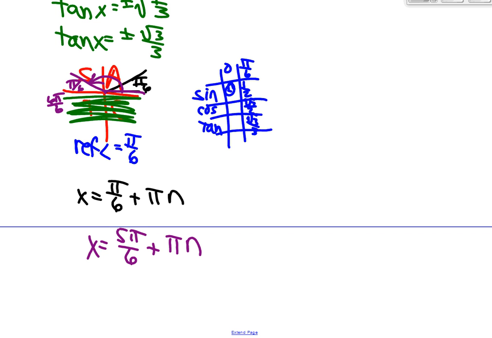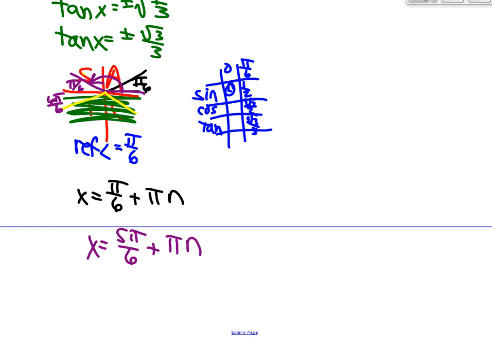Now, I want to just comment on this one. Do you agree, and I'll just use yellow, that really these answers would exist with a reference angle of pi over 6? So really, I could write this as 4 different things plus 2 pi n, correct?